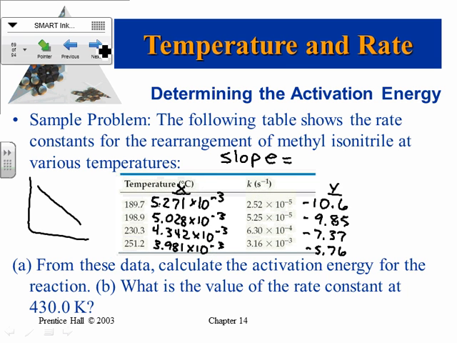The slope is equal to the negative of the activation energy over R, okay? So once you find the slope, then you plug it into this equation. We know R is 8.314. And then you can solve for your activation energy, okay?